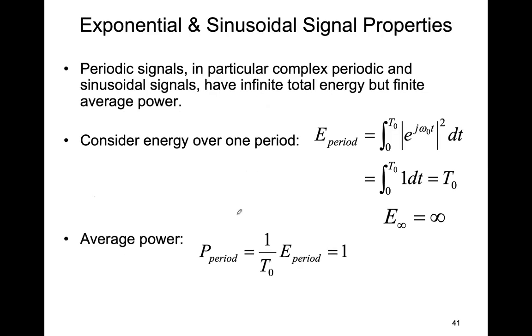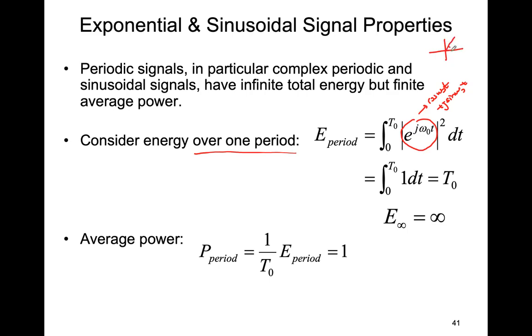So let me talk about one thing, and I will finish at this point. For example, when you think about the energy over one period, this is my complex exponential signal. This was cosine omega 0 t plus j sine omega 0 t. If you remember, arkadaşlar, this was something like this.